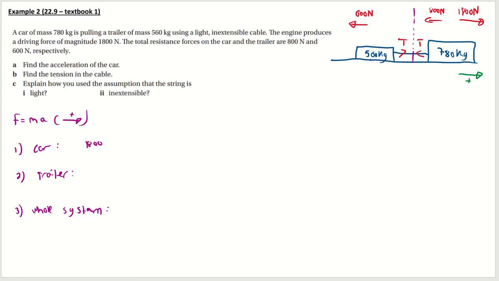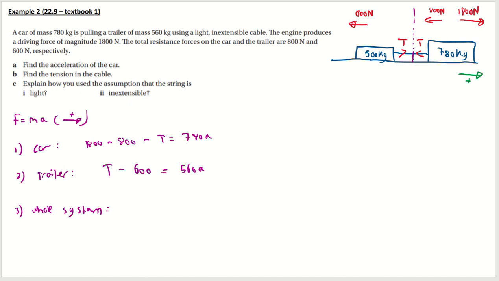So acting on the car, we have 1800 newtons, take away 800, and then take away this T which is acting against as well, and that is equal to its mass 780 times acceleration, unknown. If we look at the trailer, we've got positive, so we've got T minus 600, that's it, equals 560a.